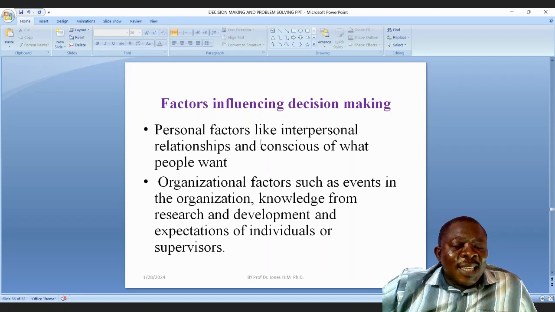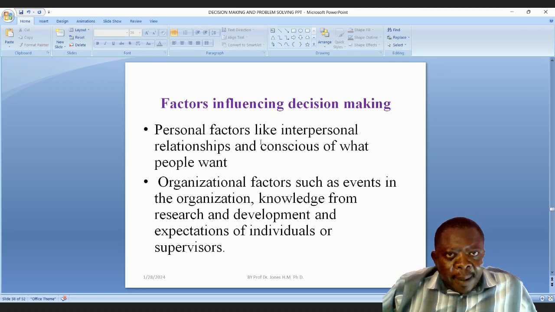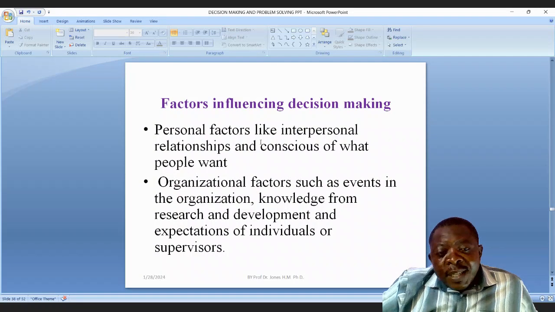Okay, so with the steps of decision making discussed, let us now look at factors that may influence decision making. So, to start with, it can be personal factors like interpersonal relationships and consciousness of what people want. The people that you have within the organization may have certain personal preferences, personal weaknesses, personal strengths that would need to be utilized but are not being utilized.